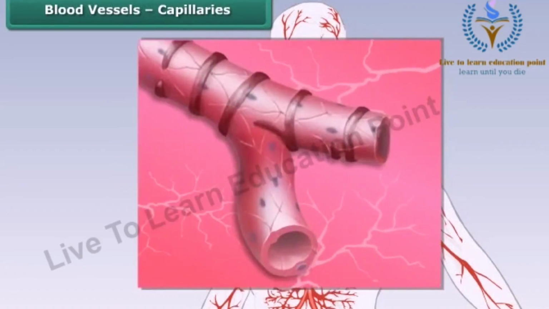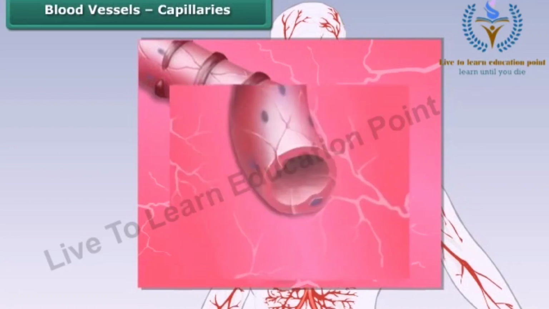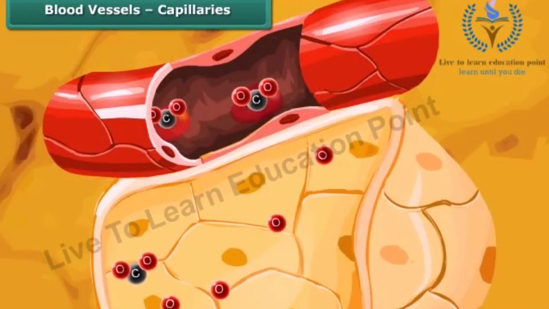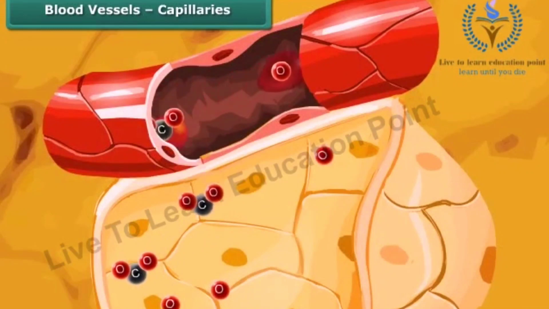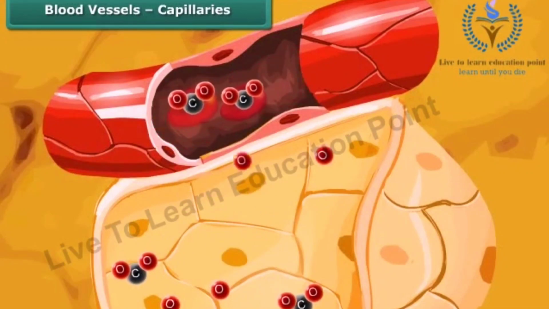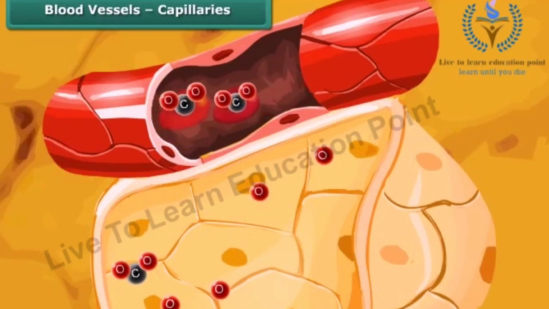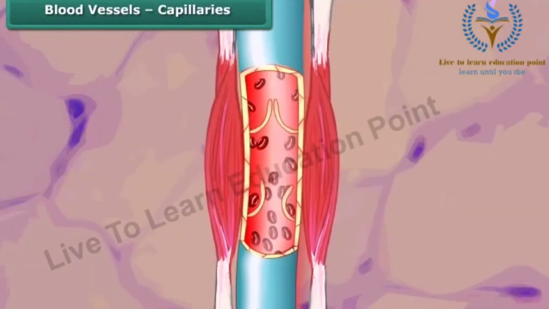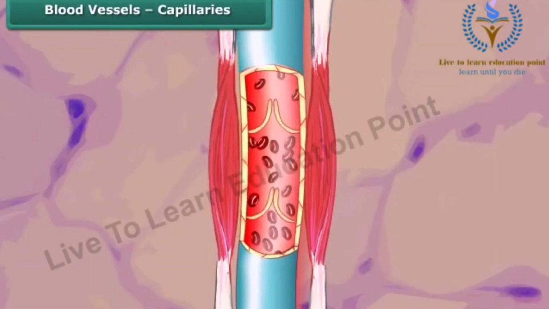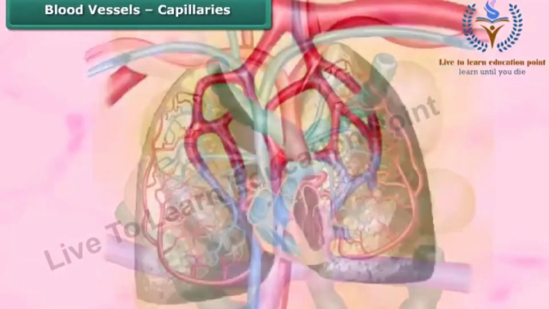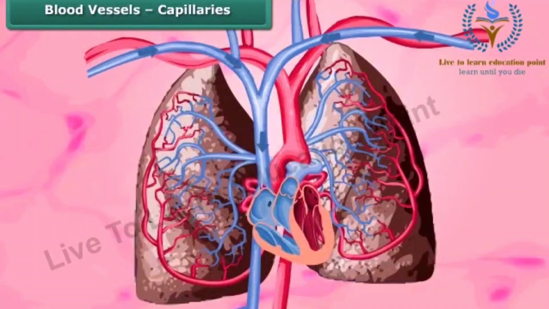Capillaries are extremely thin blood vessels that are embedded in the tissues. They carry the oxygenated blood from the arteries to the tissues. The oxygen in the RBCs and the waste from the tissues are exchanged through the capillary walls. The capillaries carrying the deoxygenated blood join to form venules, which in turn join to form veins. The veins then carry the deoxygenated blood back to the heart.